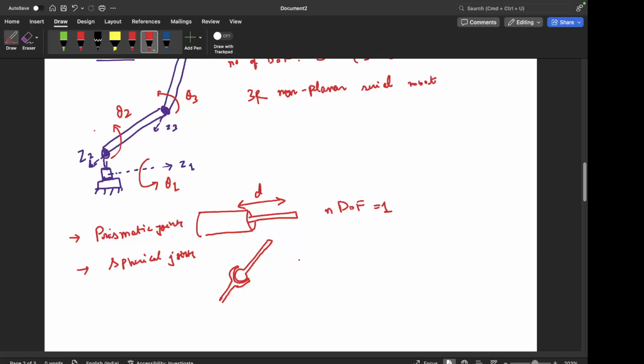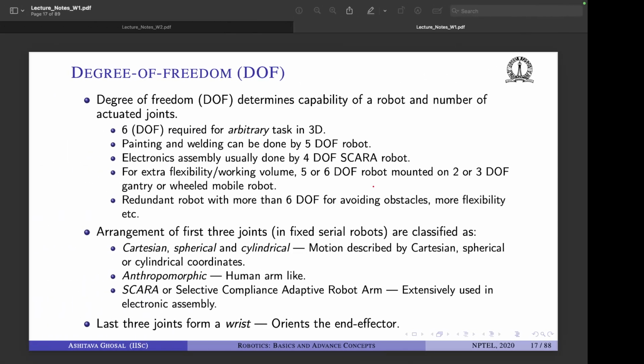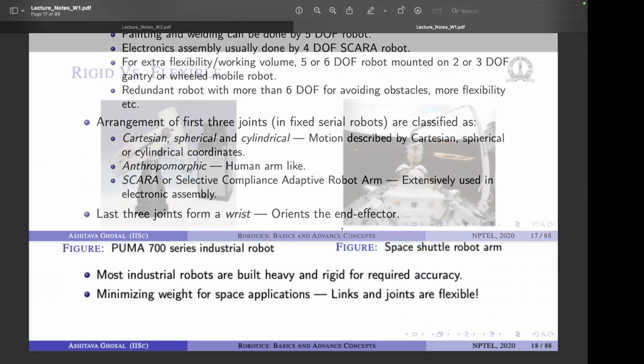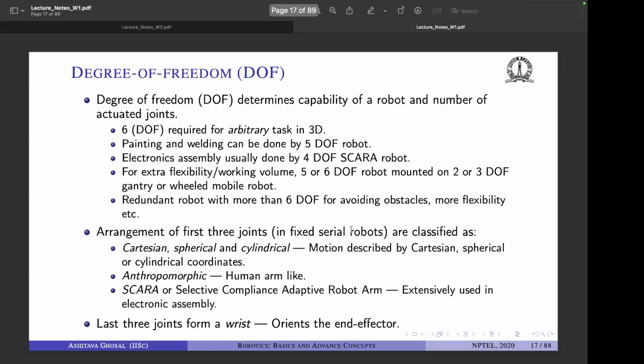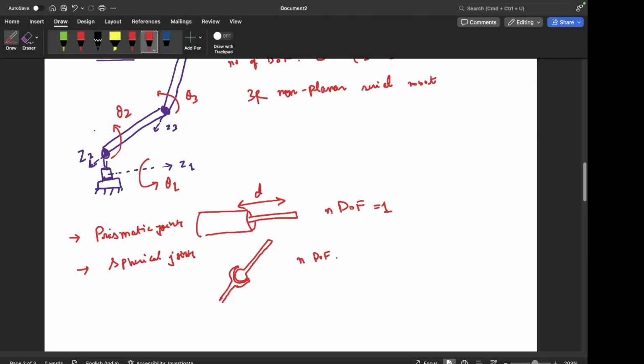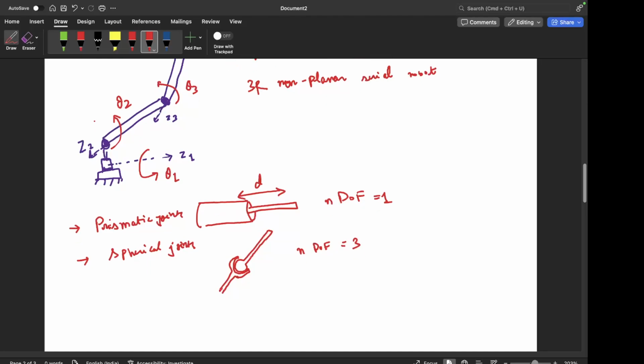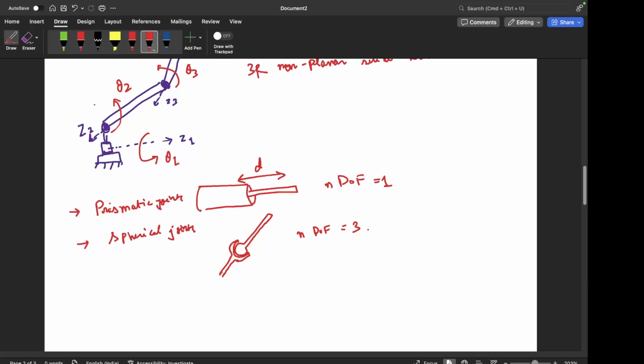So here basically NDOF is 3, I believe. Let me just confirm. Yeah, 3, right. So these are a few other common joint types that are seen, but revolute joints are the most common one.